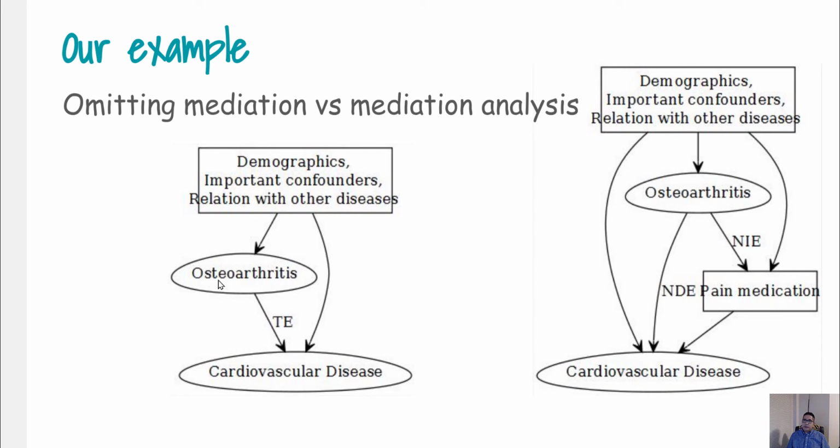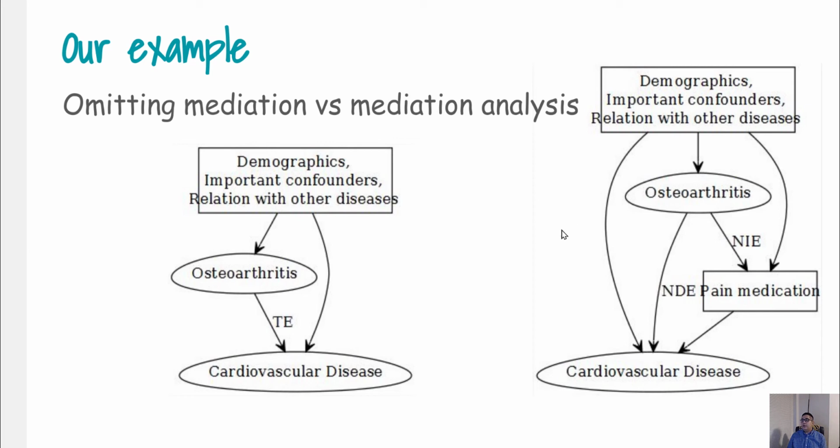So basically, this was our exposure variable, osteoarthritis. Cardiovascular event was our outcome variable, and since pain medication was the mediator, we did not include that when we were trying to get the total effect from osteoarthritis to cardiovascular disease. So we did not really adjust for pain medication in our regression trying to find the total effect.